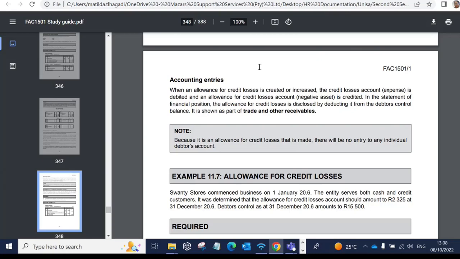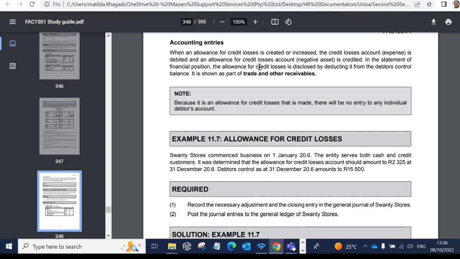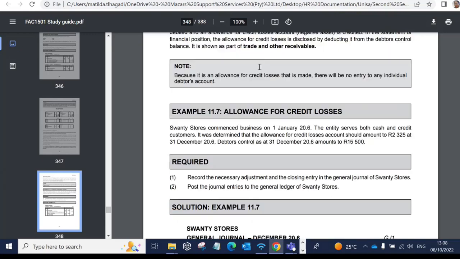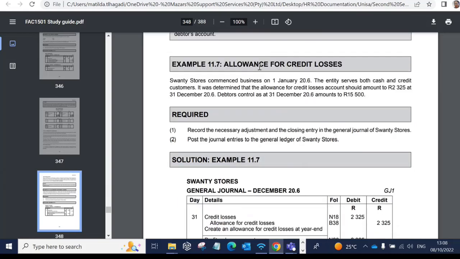In the statement of financial position, the allowance for credit loss is disclosed by deducting it from debtors control balance. It is shown as part of trade and other receivables. Because it is an allowance for credit losses that is made, there will be no entry for any individual debtors account.